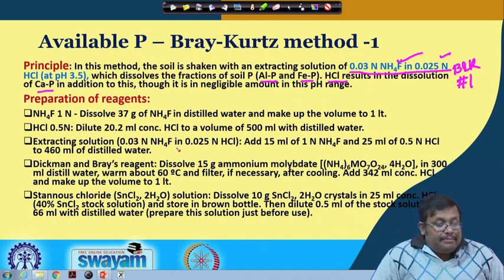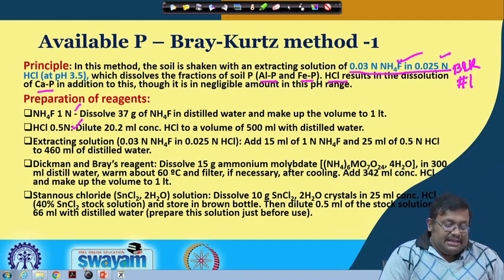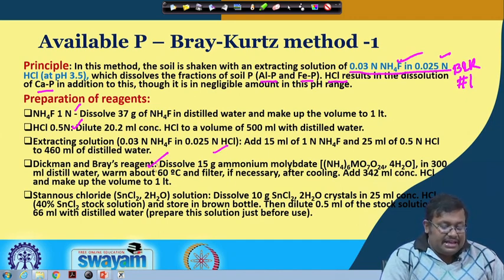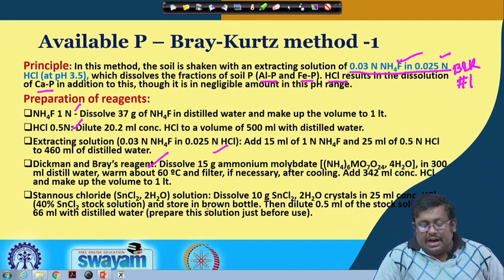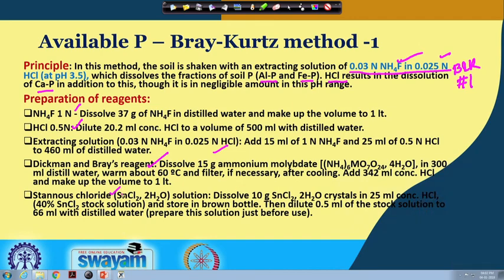For the preparation of reagents, there are several reagents you have to prepare: ammonium fluoride first, then 0.5 normal HCl, then you create the extracting solution, then the Dickman's and Bray's reagent, which is basically ammonium molybdate, and then you prepare the stannous chloride, because this is the coloring reagent.